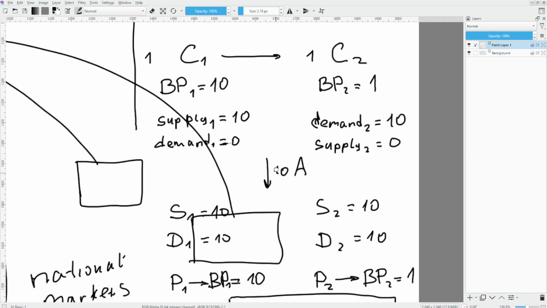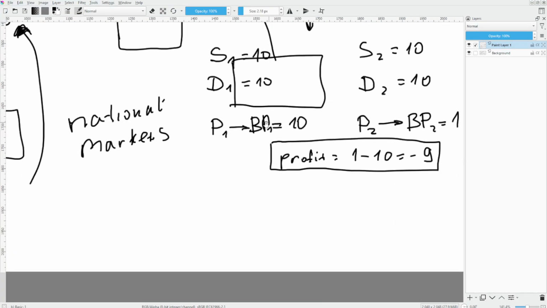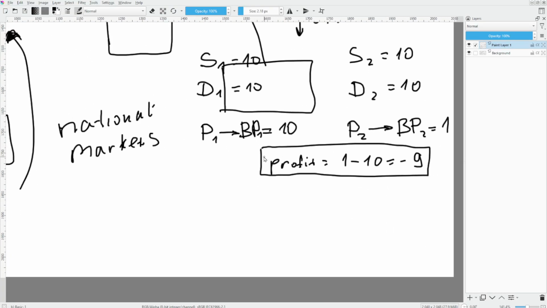Well, how should the price actually work? There is a simple description in supply-demand models that if supply is larger than demand, then price should go down.